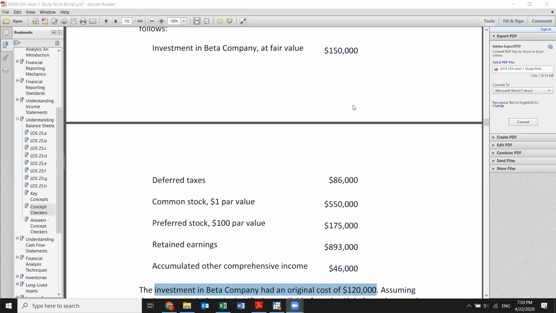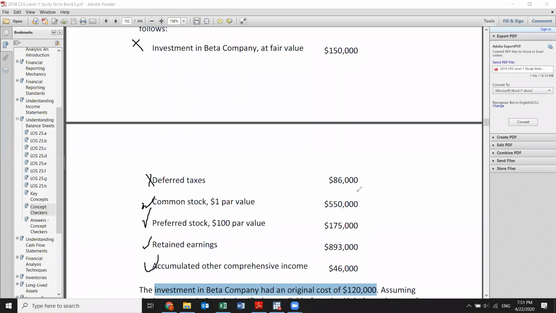So here we've got the balance sheet and we need to classify what is included in total equity. First of all, the investment is not included. Why? Because investment is an asset. So we just exclude it directly. Deferred tax is not included. It is in liabilities. Common stock is included. Preferred stock is included. Retained earnings is included. And accumulated other comprehensive income is included.